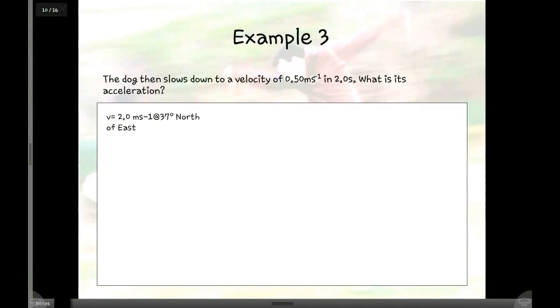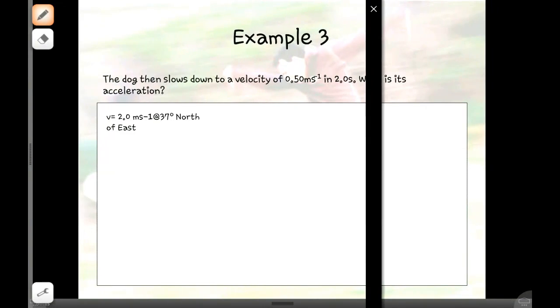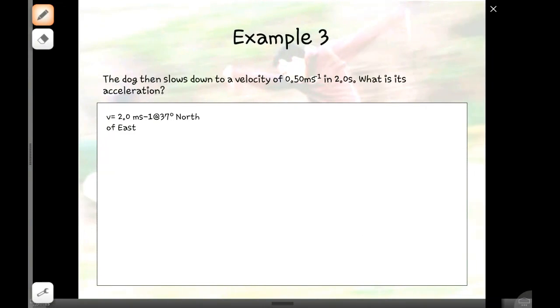Here's another example. Let's go ahead and do this one. The dog then slows down to a velocity of 0.5 meters per second in 2 seconds. What is the acceleration? Well, in this case, we have our velocity as 2.0 meters per second at 37 degrees north of east.